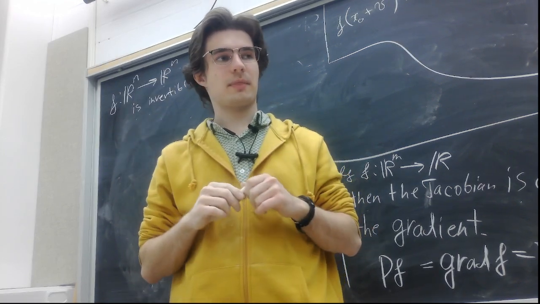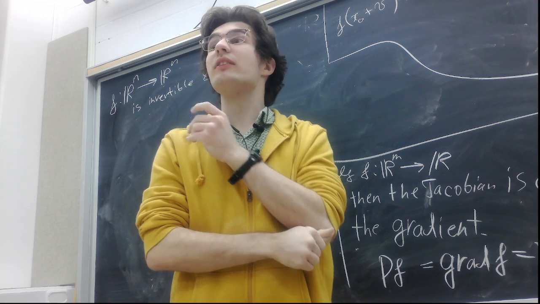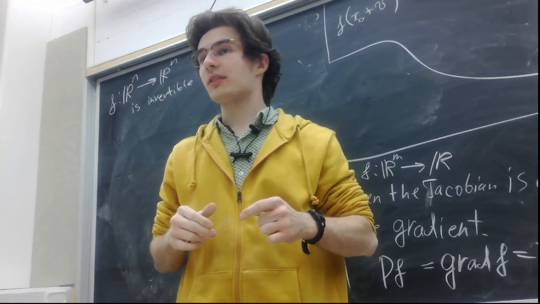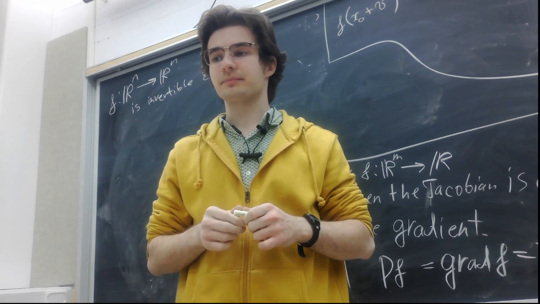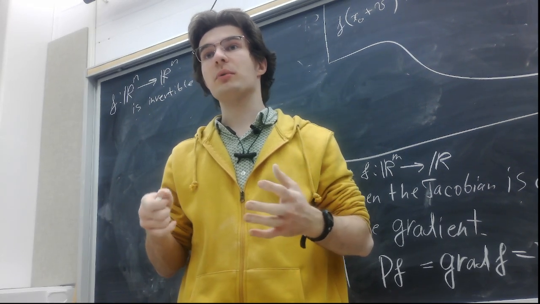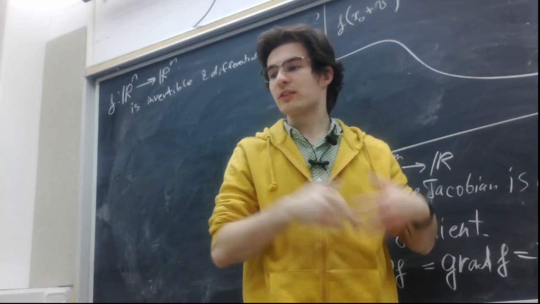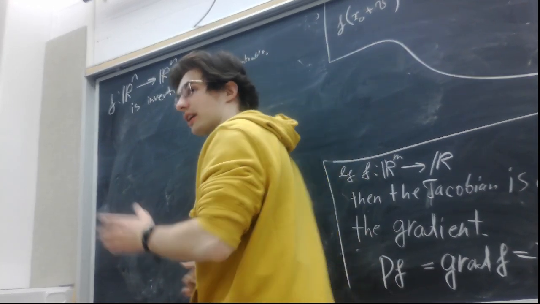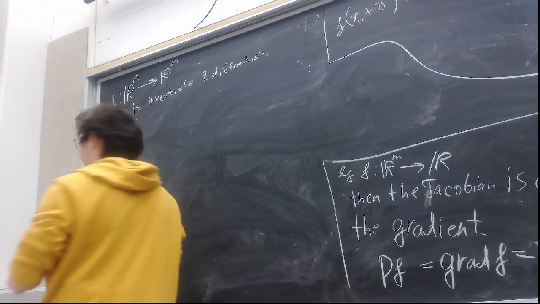Sometimes it is not convenient to compute the volume of something in one coordinate system, but it's more convenient to compute it in a different set of coordinates. So how do we do this?